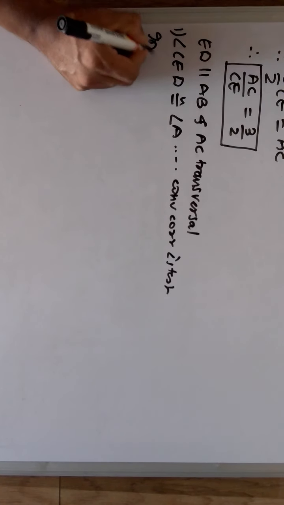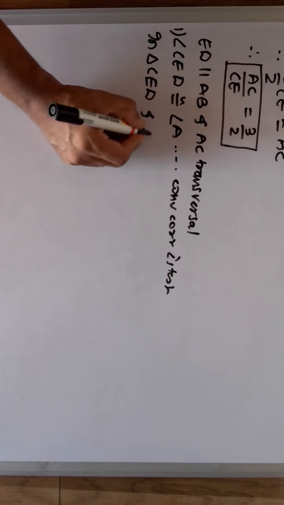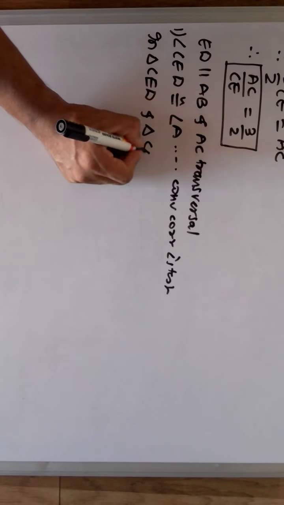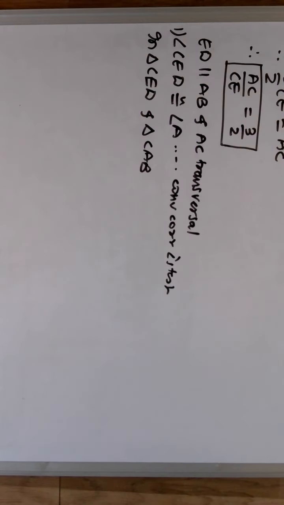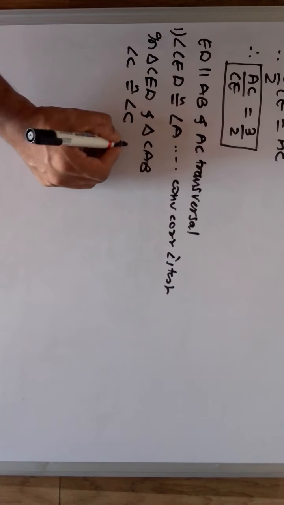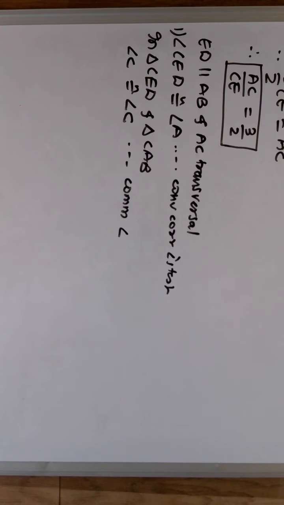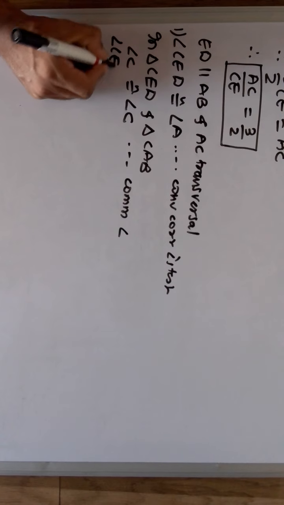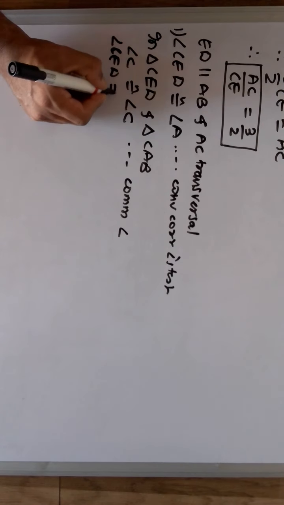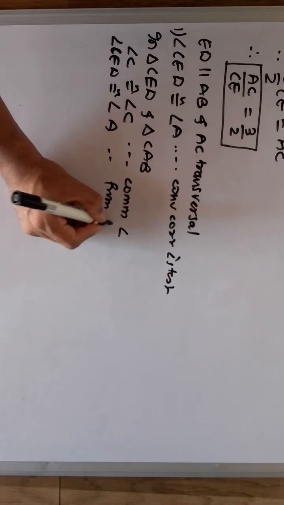Now in triangle CED and triangle CAB, you have angle C congruent to angle C. It is a common angle. It can be very easily understood. Then angle CED is congruent to angle A. This has come from the first.